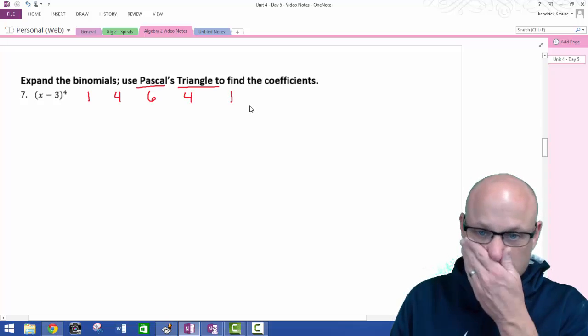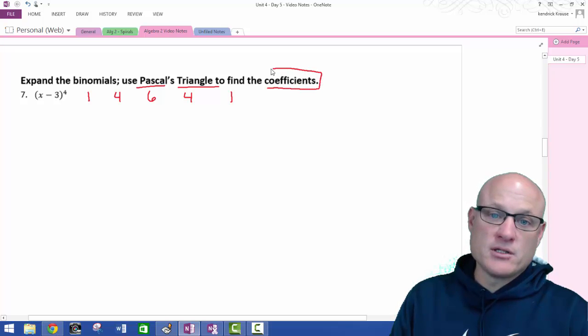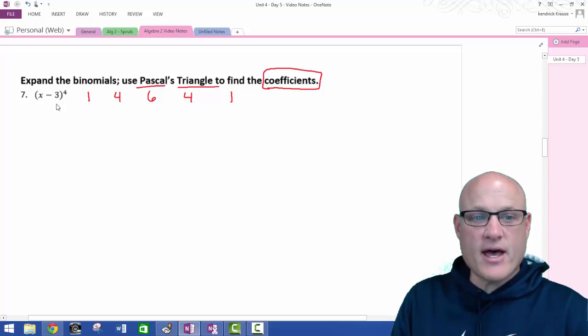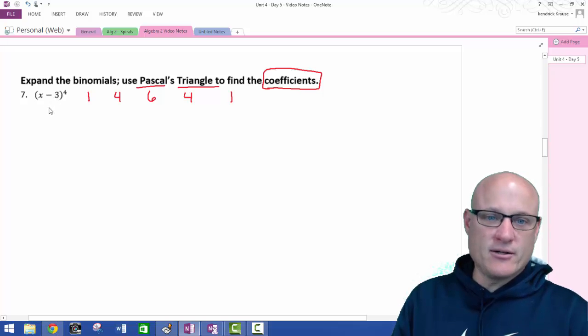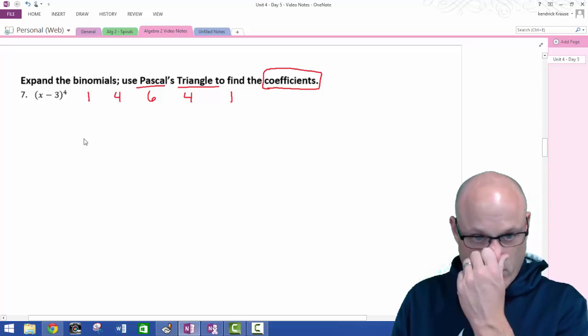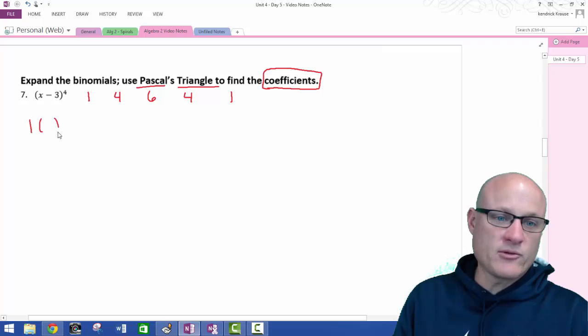Those are the leading coefficients of what I'm going to be doing. Well, when I'm done, they're not going to quite be the leading coefficients because I don't have x plus y here. I have this x minus 3 now. So here's how this is going to work. We're going to use the leading coefficients, and after each one, we're going to put parentheses. Parentheses are really important in mathematics.